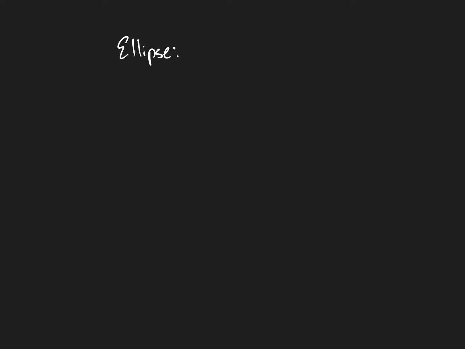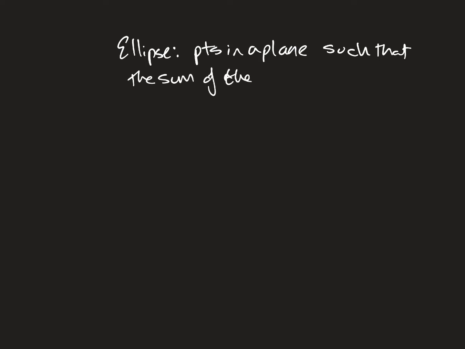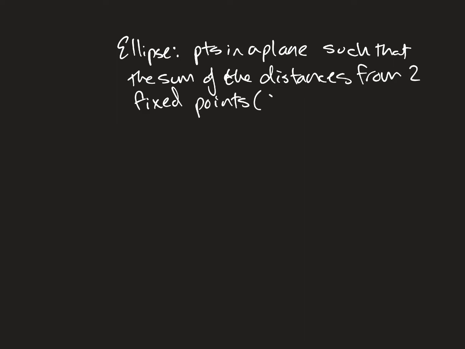So an ellipse is a collection of points in a plane such that the sum of the distances from two fixed points, and those fixed points are called the foci, is constant.